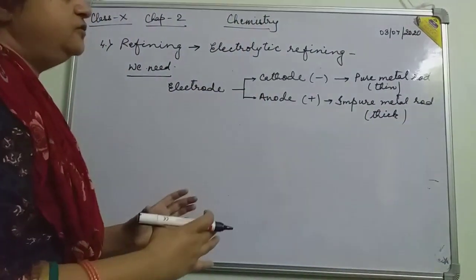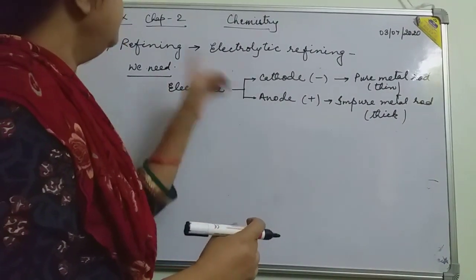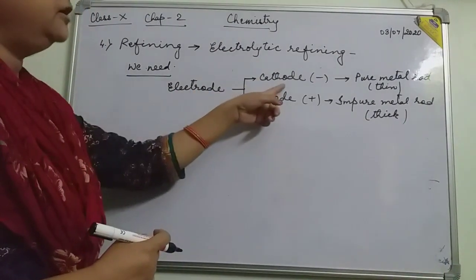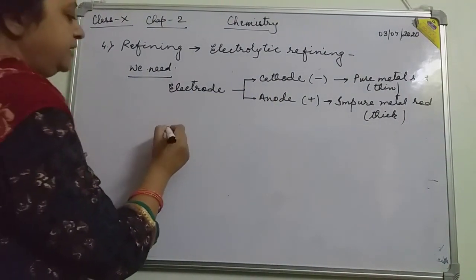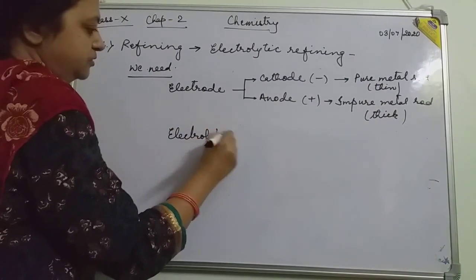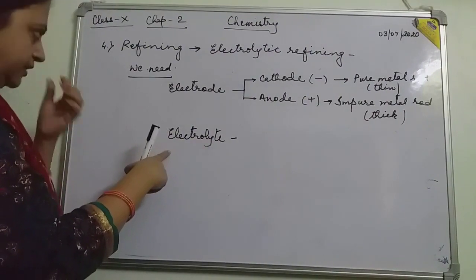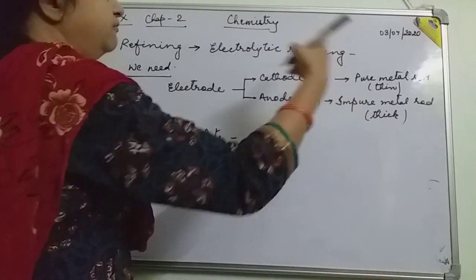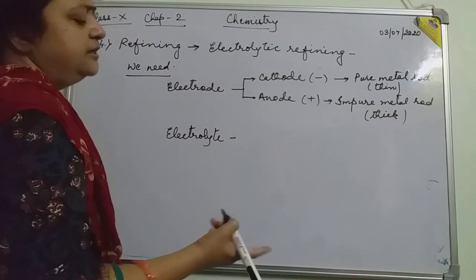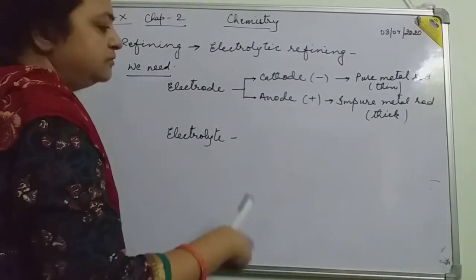A metal rod which we obtained after reduction is now refined by the electrolytic process. We need two types of electrode, cathode and anode, and an electrolyte. The electrolyte we use is a compound of the metal which we want to refine.